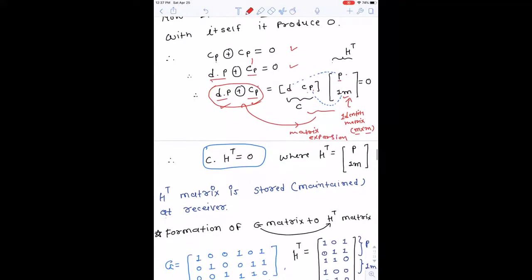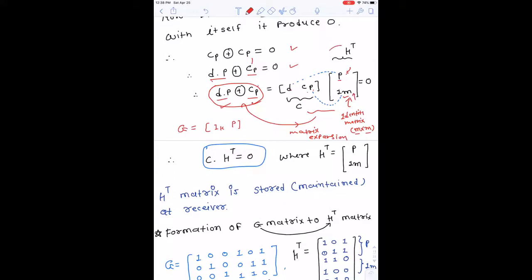And in this matrix expansion, you can note that in the earlier matrix G, the first part was our identity matrix I K, and the next part was P. Now in this matrix, the P part is the first part, and the identity matrix IM is the second part.